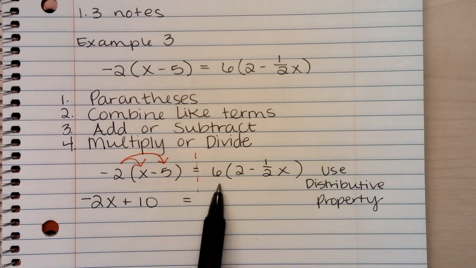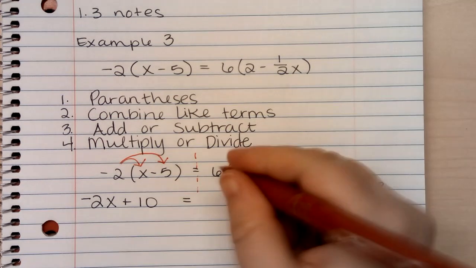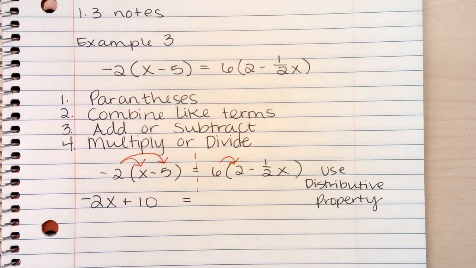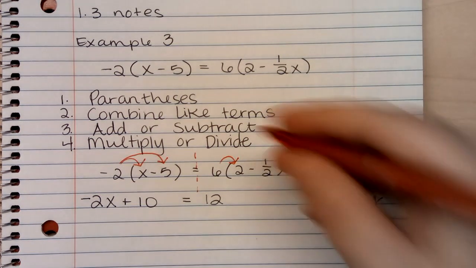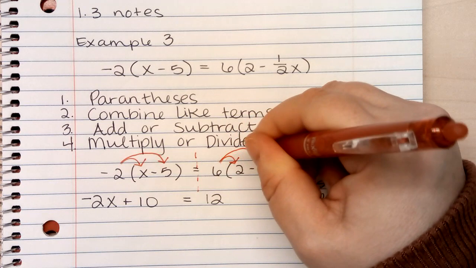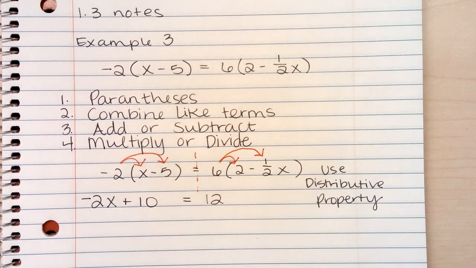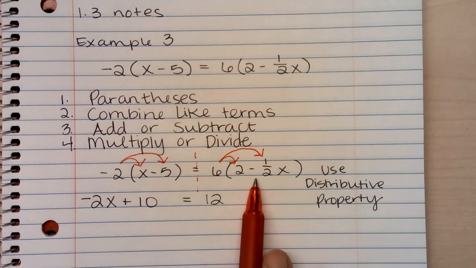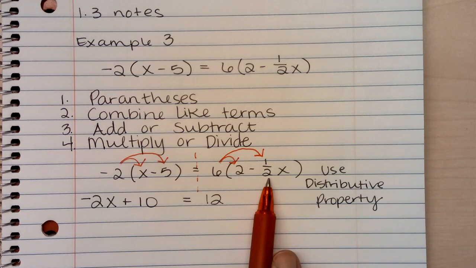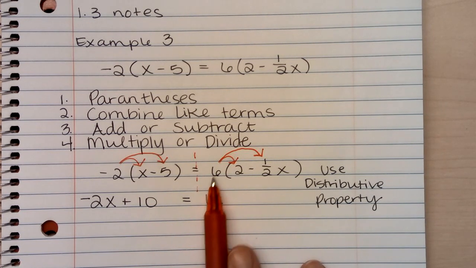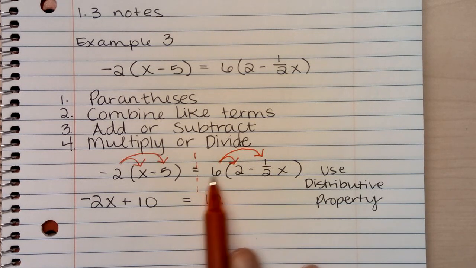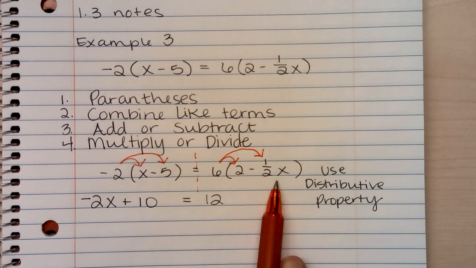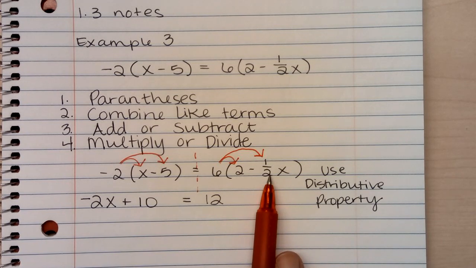Now on this side, I have 6 times 2, which is 12. And I have 6 times -1/2 x. Don't be afraid of this fraction. It's just a number. So whenever you have 6 times 1/2, so if you have a whole number times a half, that's the same as dividing by 2.